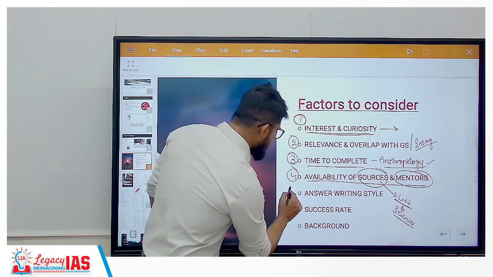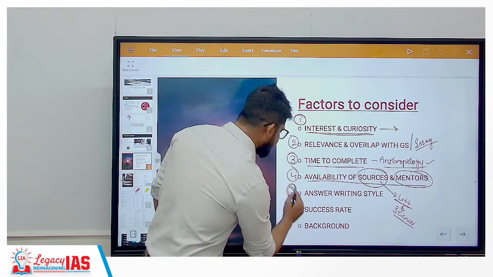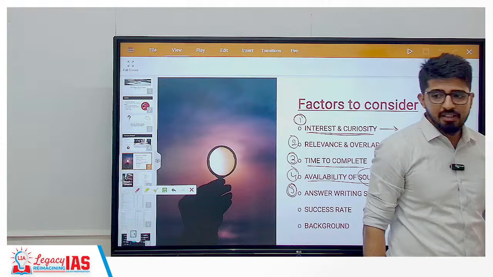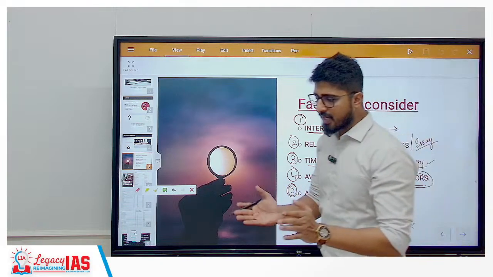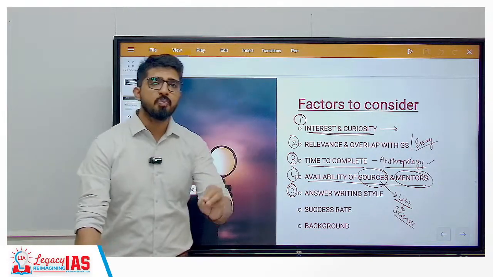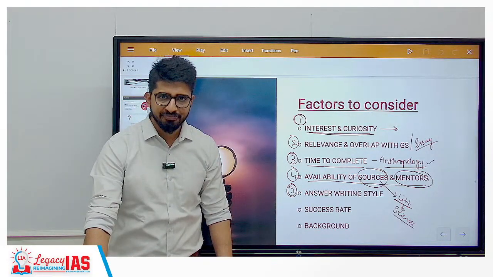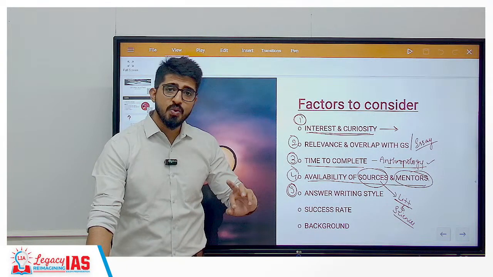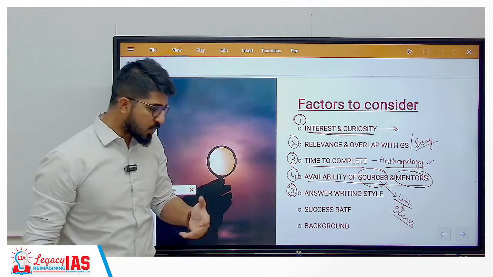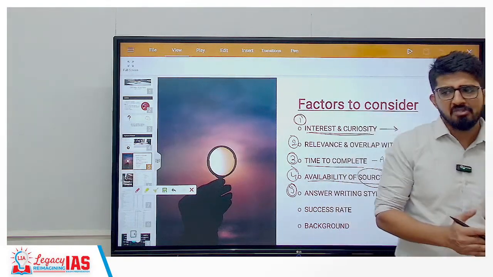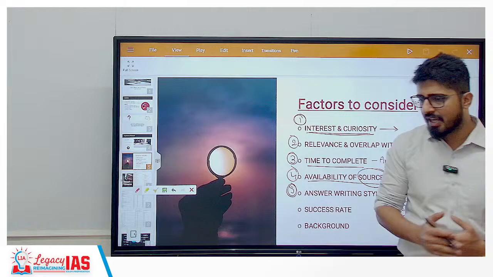And next is answer writing style. This is something you need to consider as well. Whether you are a person who writes elaborative answers or a person who writes point to point. If point-wise answer writing, then you have to choose certain subjects. For a person who writes very elaborative answers, I would say philosophy is good, right?